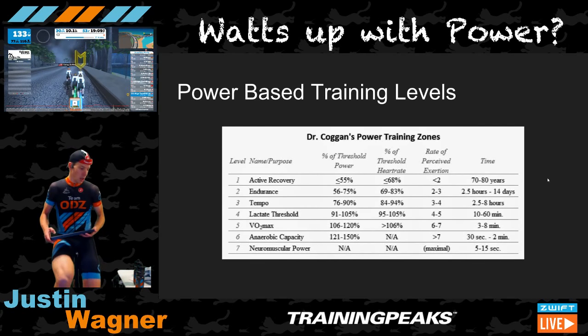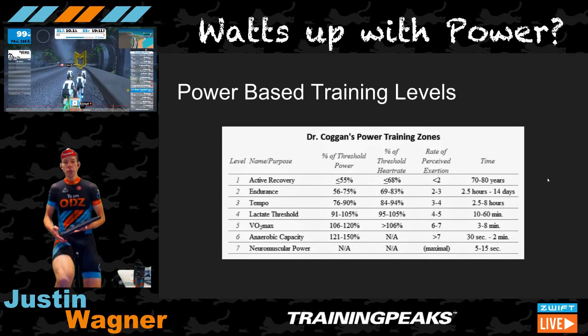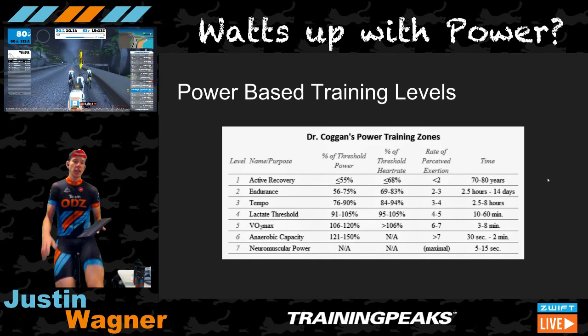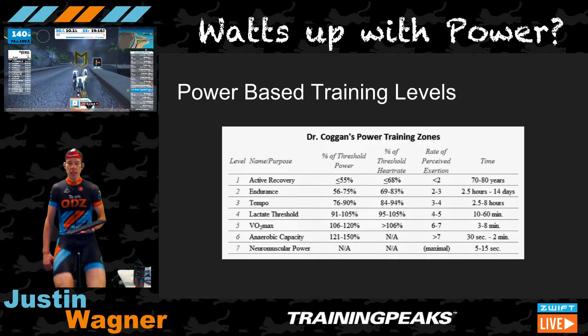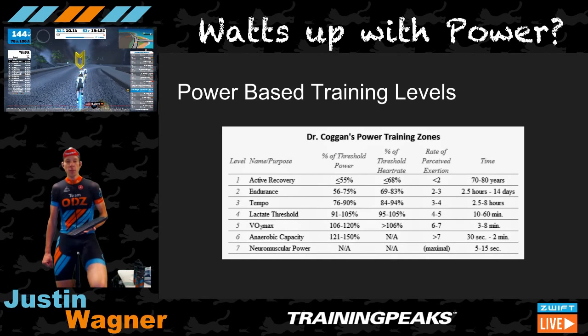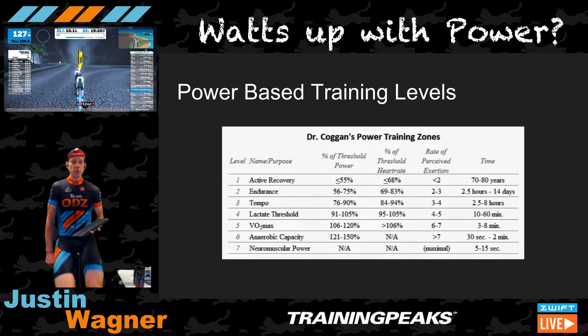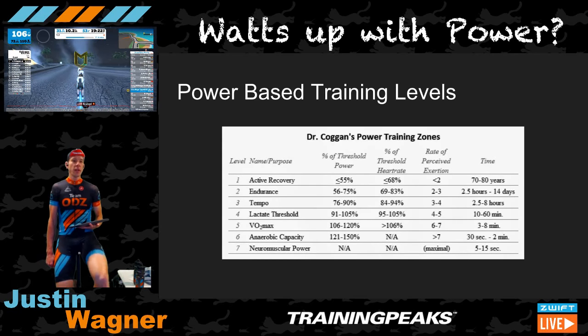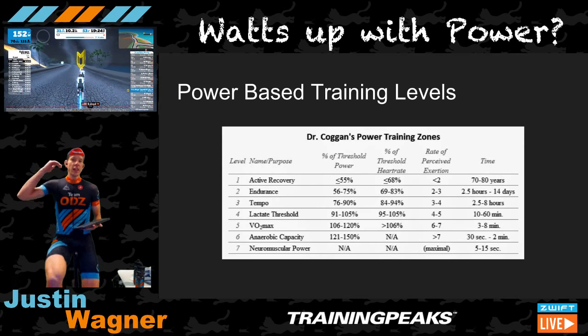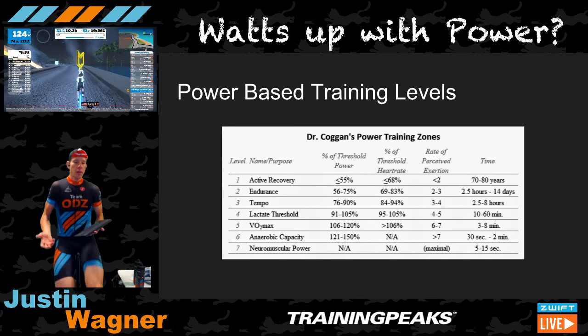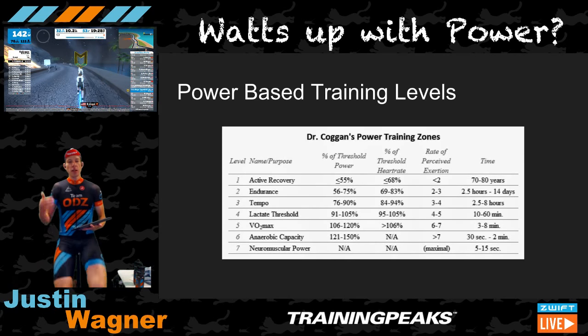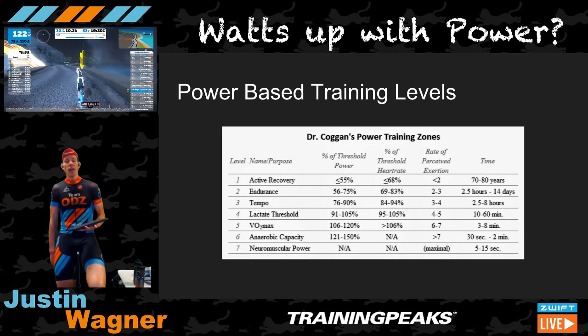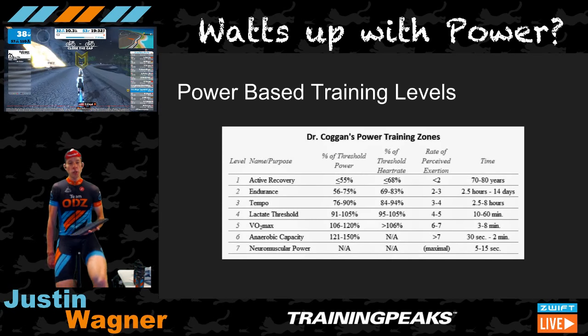Okay, so this leads into structured training, power-based training levels. I'm not going to go too in depth on this talk because we will have another one where we go into more detail, but just know that once I've got an FTP, I basically set up zones that are based on percentages of that FTP that I'm going to train in.